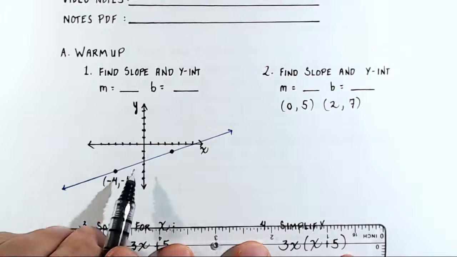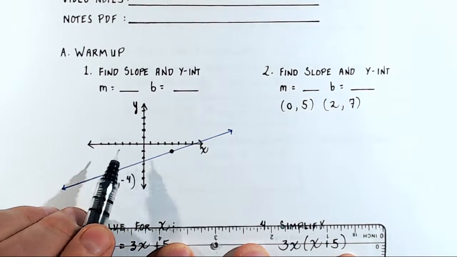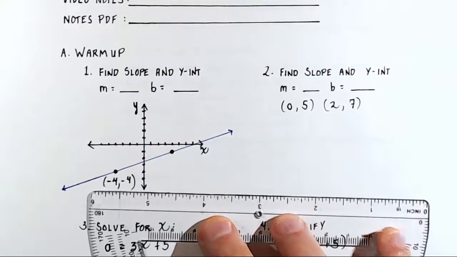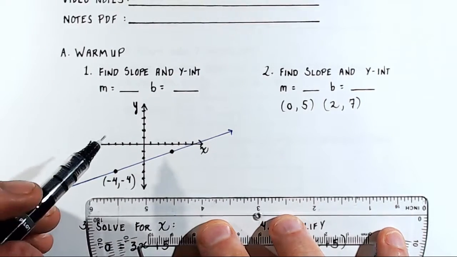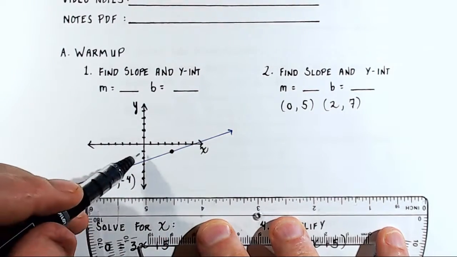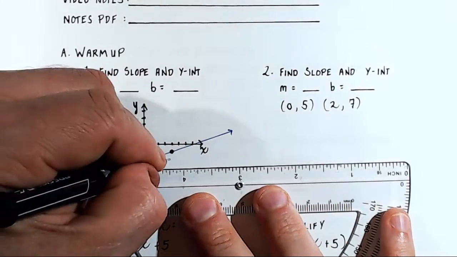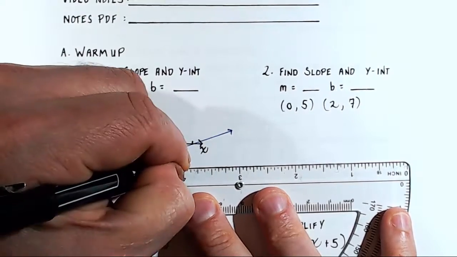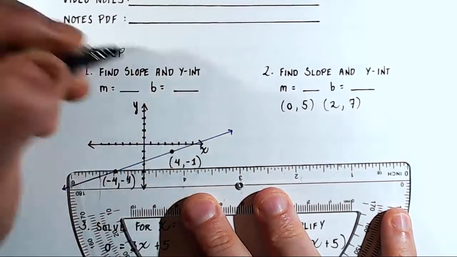Let me double check that. 1, 2, 3, 4. 1, 2, 3, 4. Yes. Okay. And now this other point over here is 1, 2, 3, 4, comma -1. Okay, so 4, comma -1.